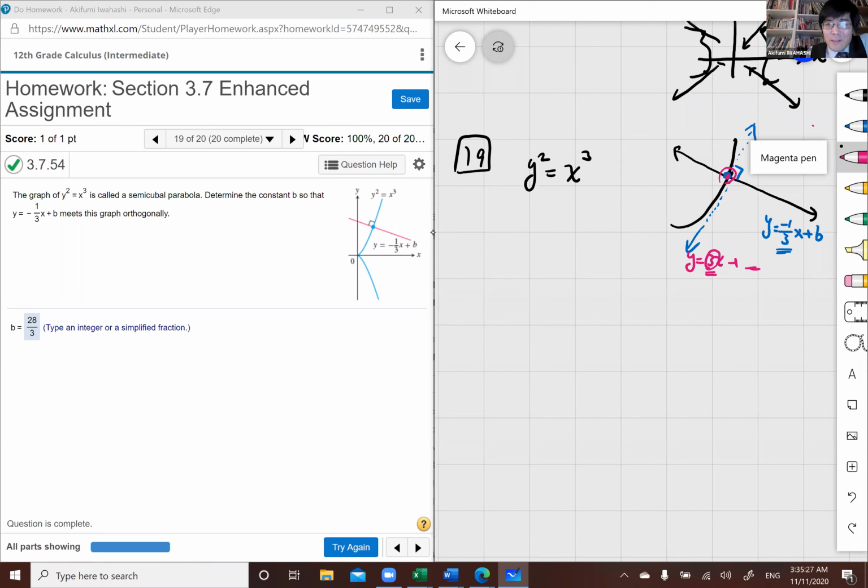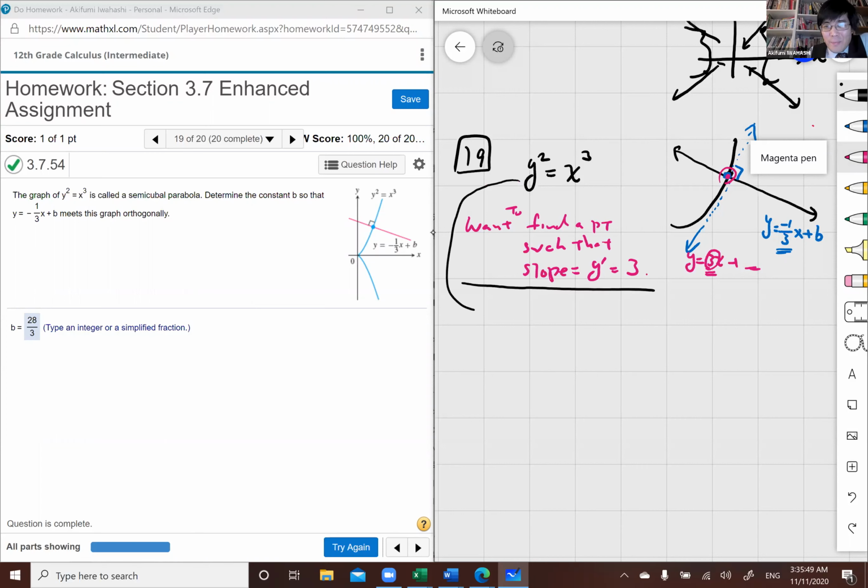We want to find a point such that y dash is equal to 3. So with this in mind, let's differentiate this one. It's going to be 2y y dash is equal to 3x squared.